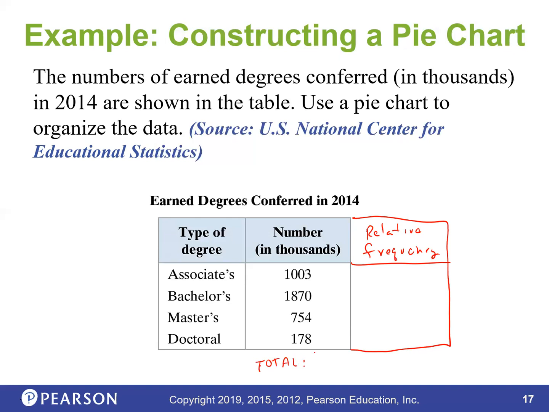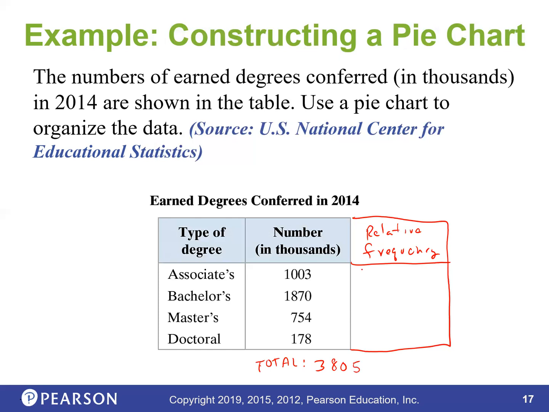Have a calculator, add that up real quickly here. 3,805, you second that? Cool. All right, relative frequency.